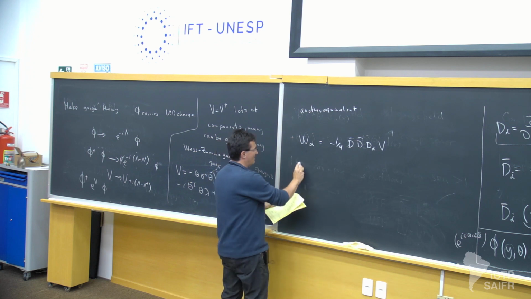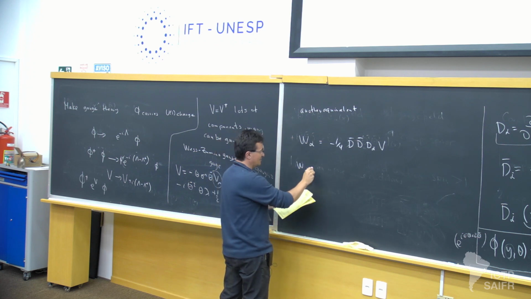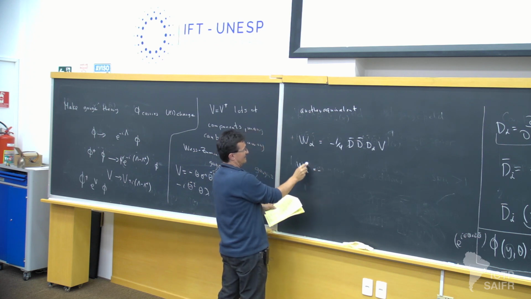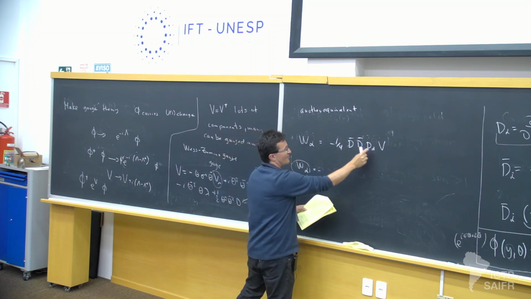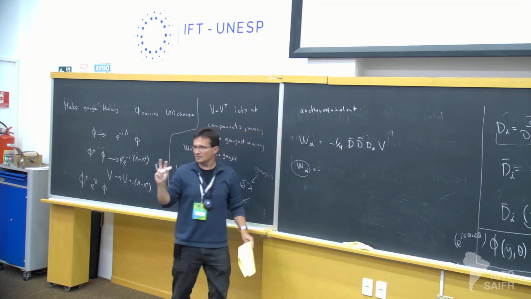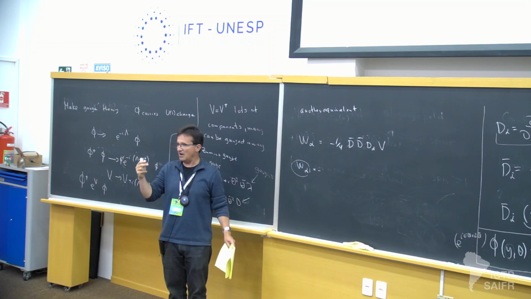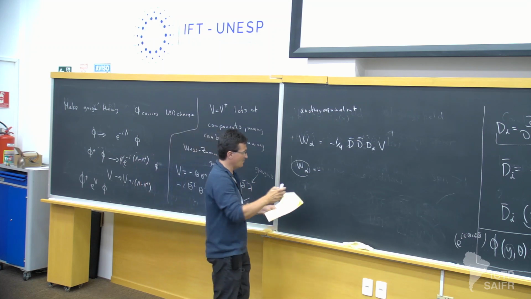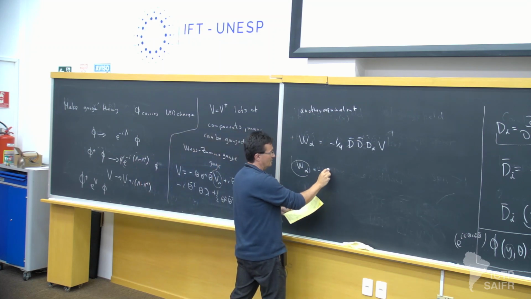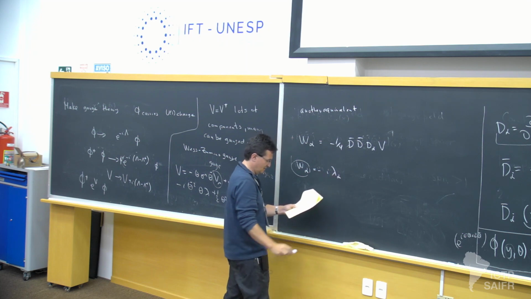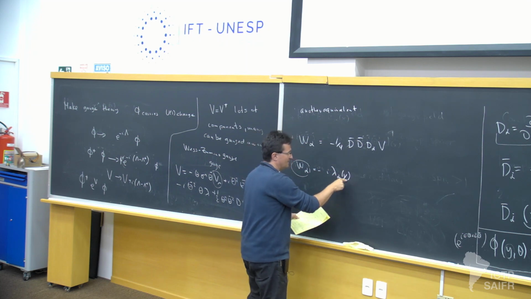So the W alpha in terms of the expansion, you see, it has a spinor index and it has three superderivatives, so it's actually now fermionic. Its lowest component is going to be the gaugino, lambda alpha, the gaugino as a function, again, of this y coordinate.